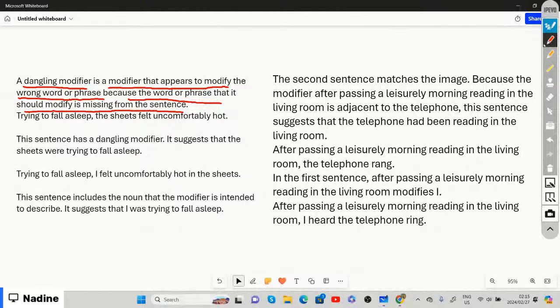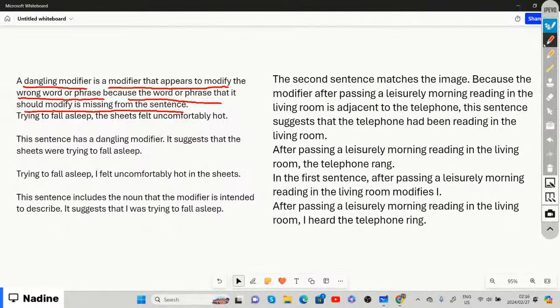So if we look at the sentence, it says, trying to fall asleep, the sheets felt uncomfortably hot. And if we reread that sentence again, it says, trying to fall asleep, the sheets felt comfortably hot, right?